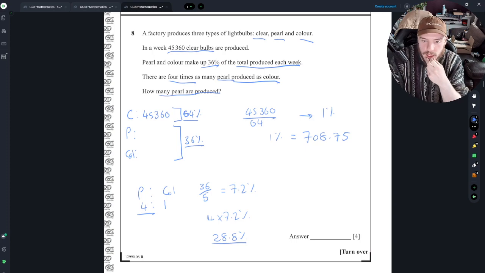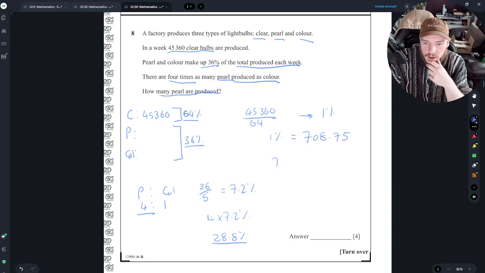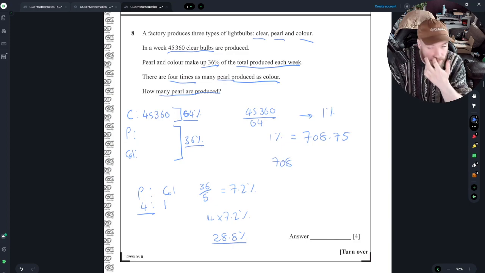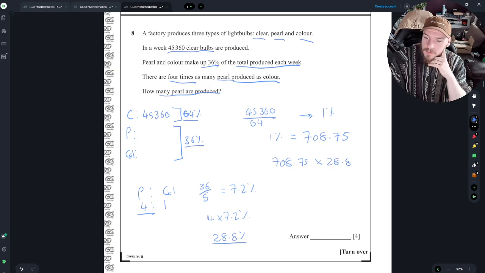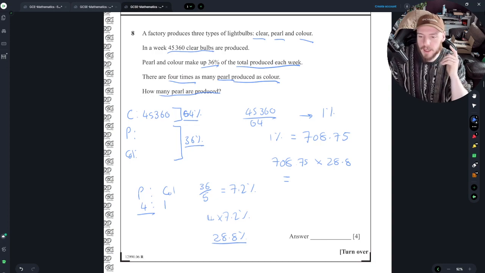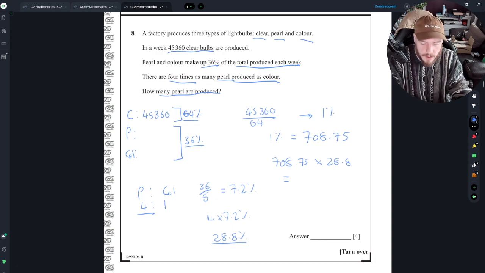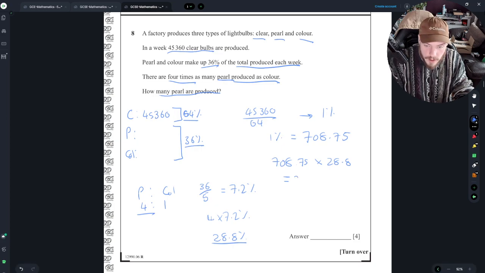I know what 1% is, so if I want to find out how many pearl were produced, I'm just going to multiply 708.75 by my 28.8%. Okay, and that'll give me the total amount of pearl produced in that week. Okay, so the total number of pearl produced is 20,412.